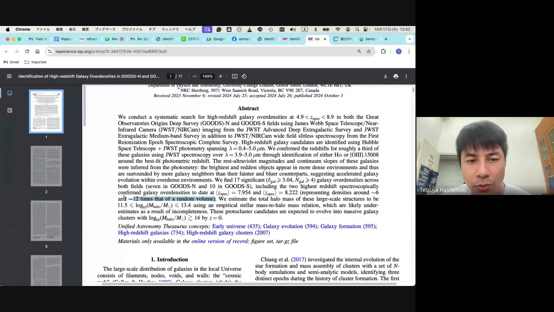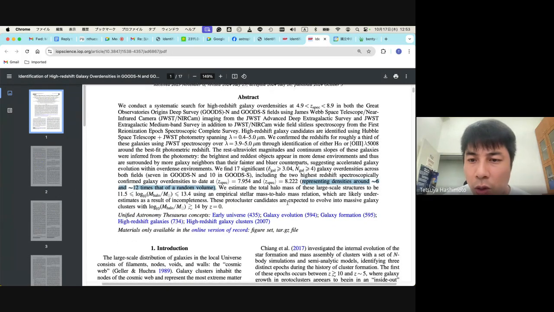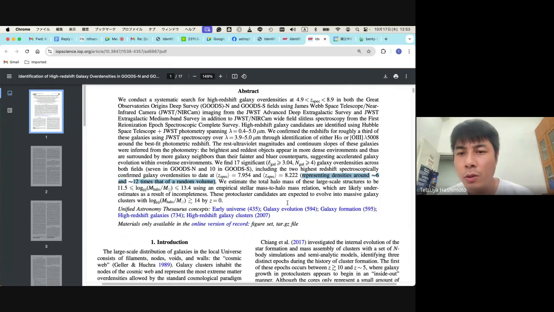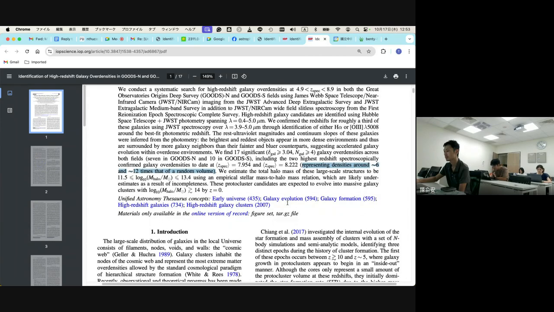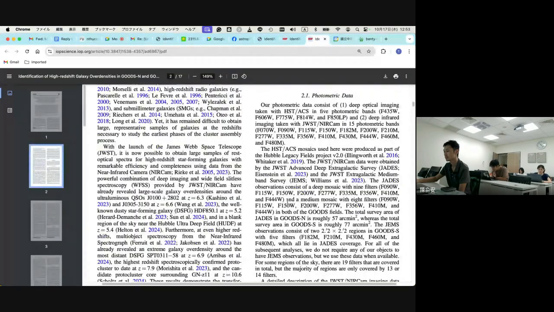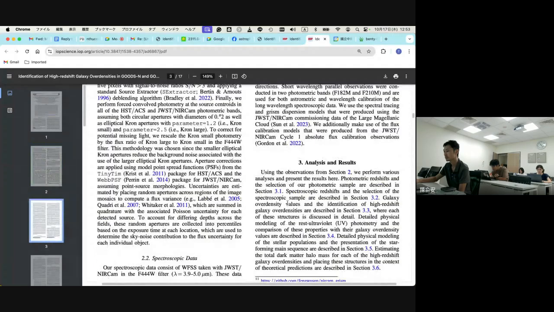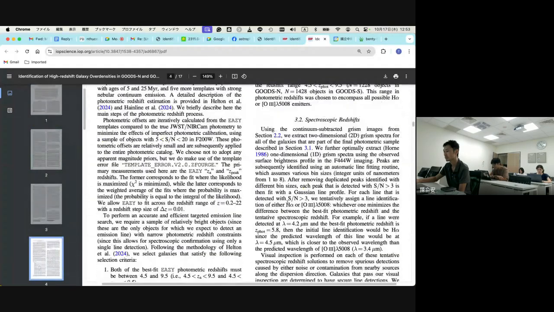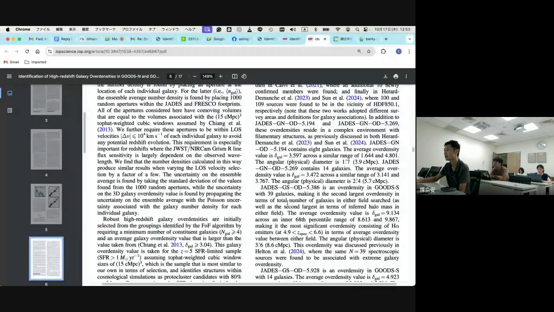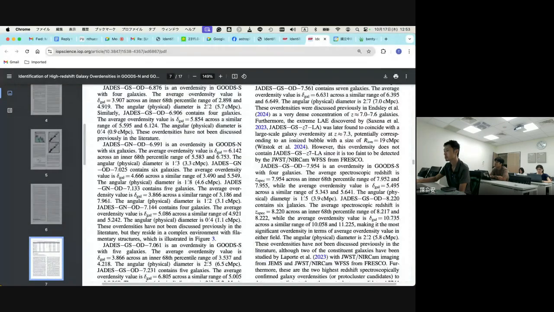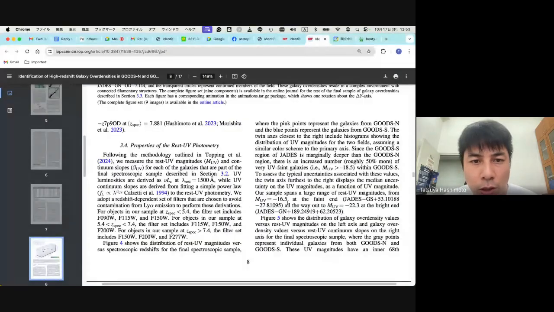So probably they are taking a ratio. Maybe similar to other density estimates. No, they just calculate the density. Okay. Thank you.